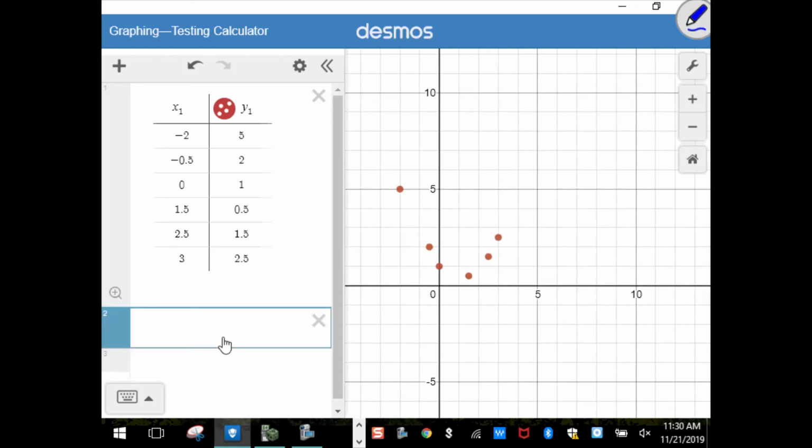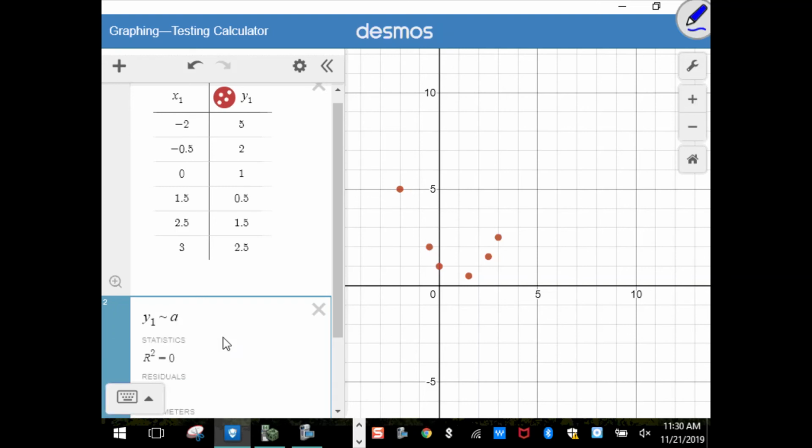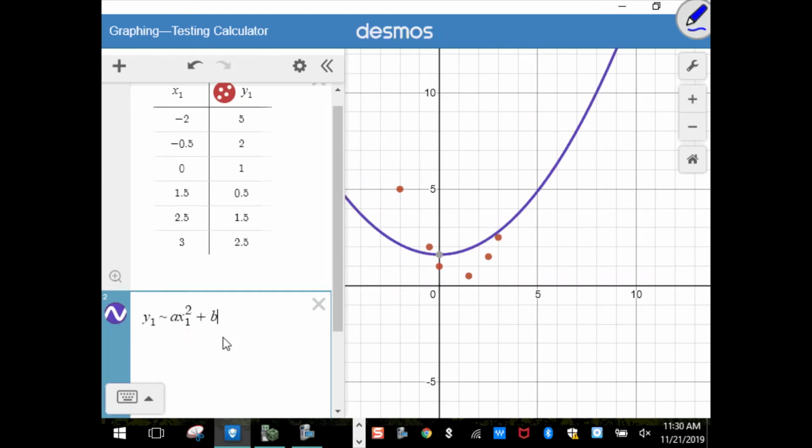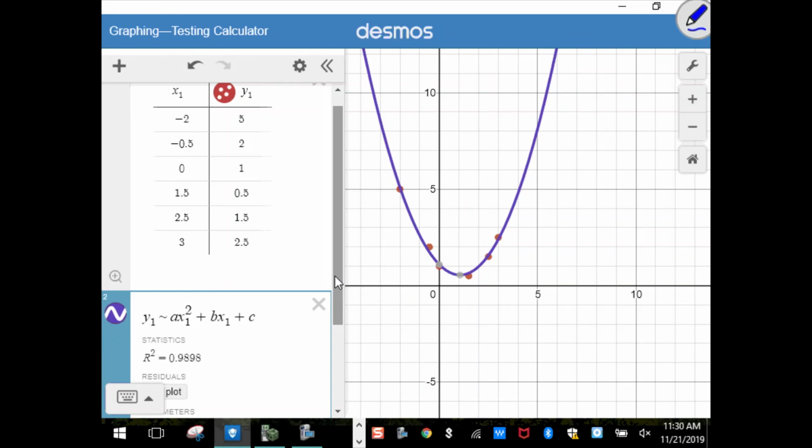If I know it's quadratic, I'm going to type in the quadratic form of our equation here, and then take a look at the numbers.